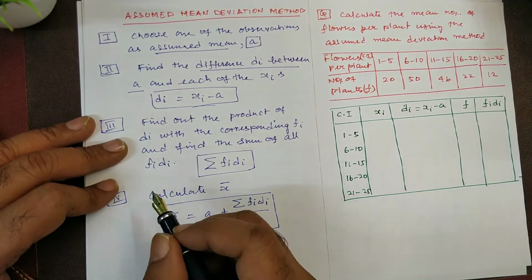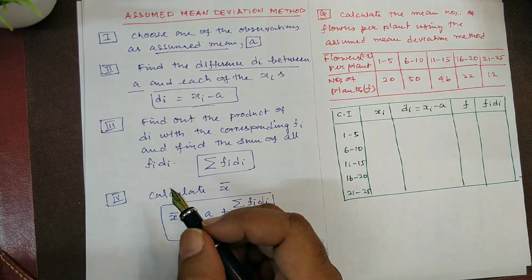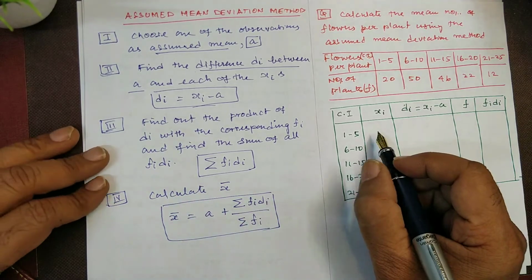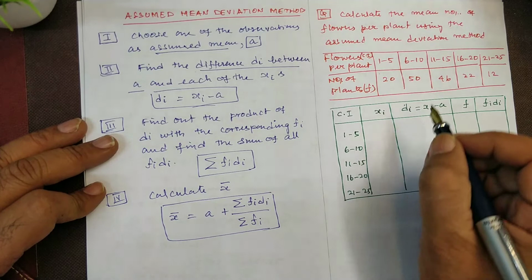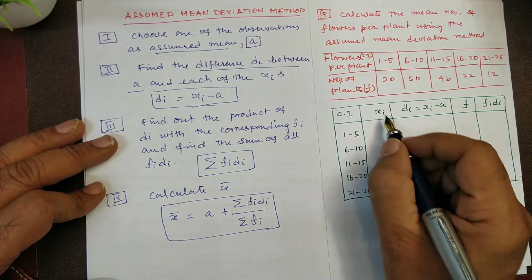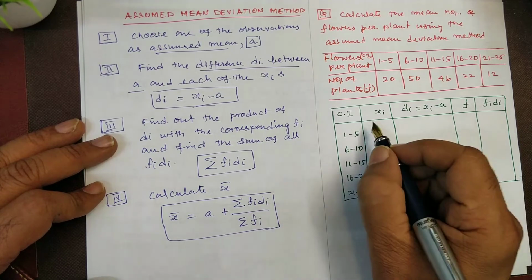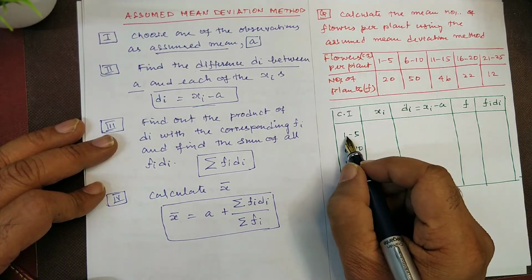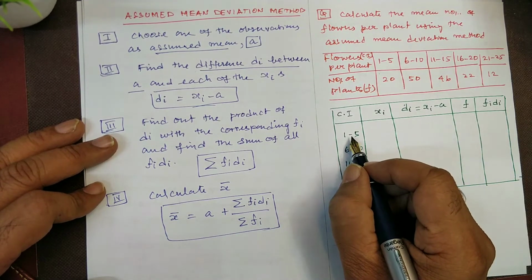Now, for the mid value Xi, what you are supposed to do is upper value plus lower value divided by 2.